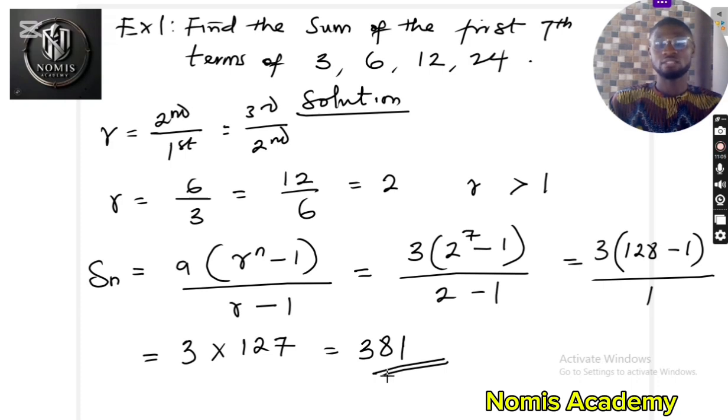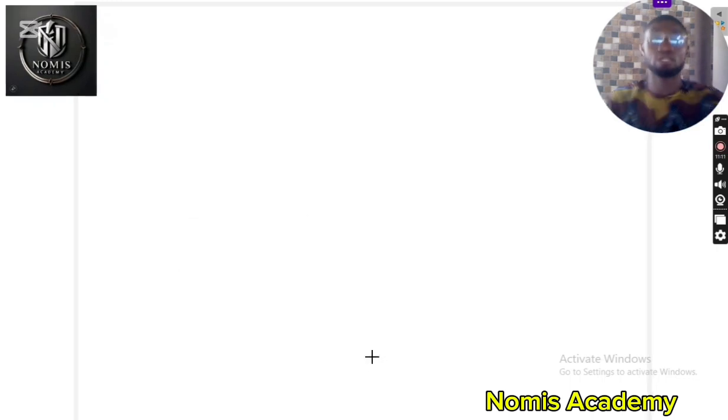So let's take an example for when the common ratio r is less than 1. Example number 2.